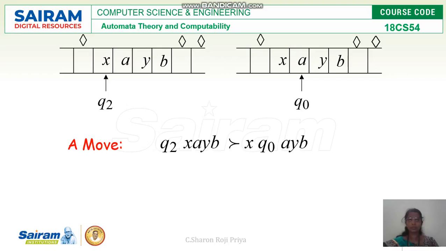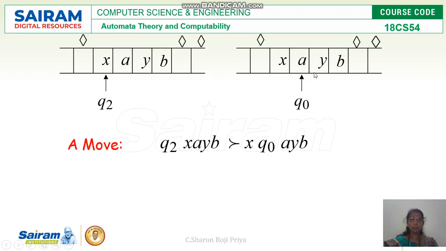Since there is no input symbol before my read write head, I'll start with Q2, then write the symbol pointed to by the read write head. The read write head is pointing to X, and then you write the remaining symbols. So your ID is Q2 X A Y B.